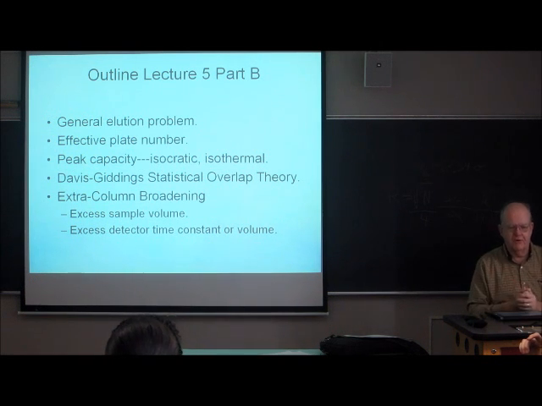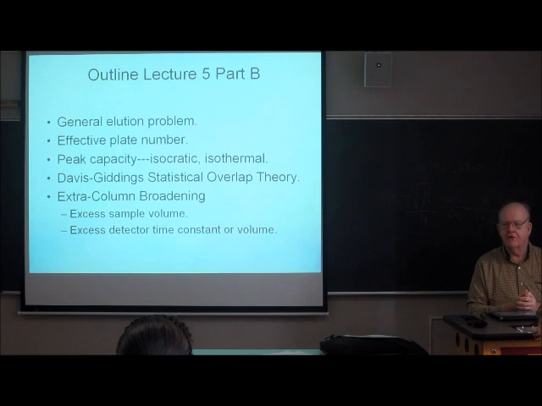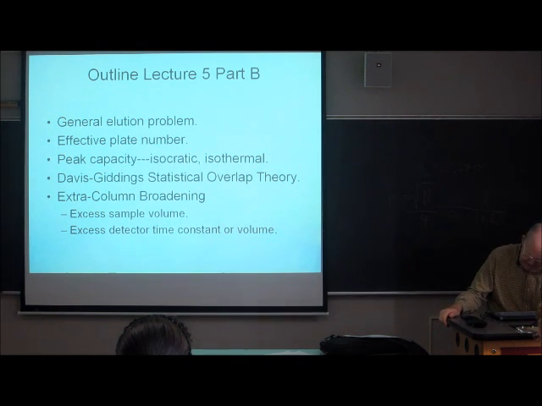There's an alternative approach which is more realistic, called statistical overlap theory. And this was developed in the mid-1980s by Joe Davis and Cal Giddings. It has become a very important concept and approach in the last 5 or 10 years or so, when people started looking at extremely complicated mixtures that had hundreds and thousands of components.